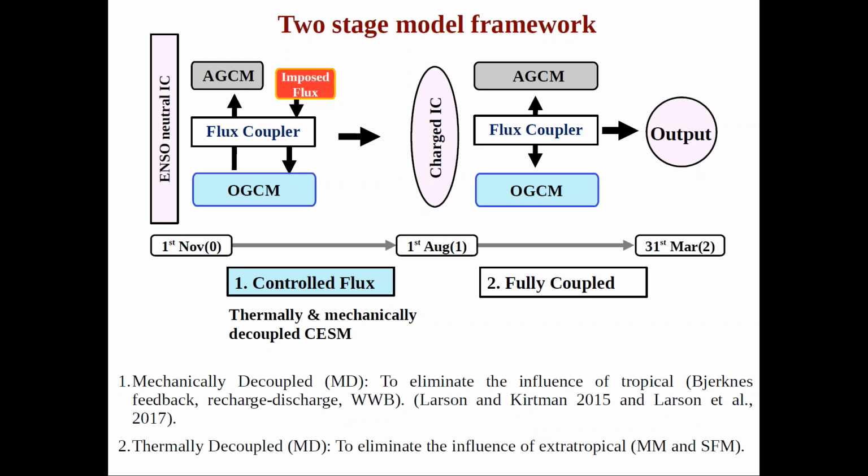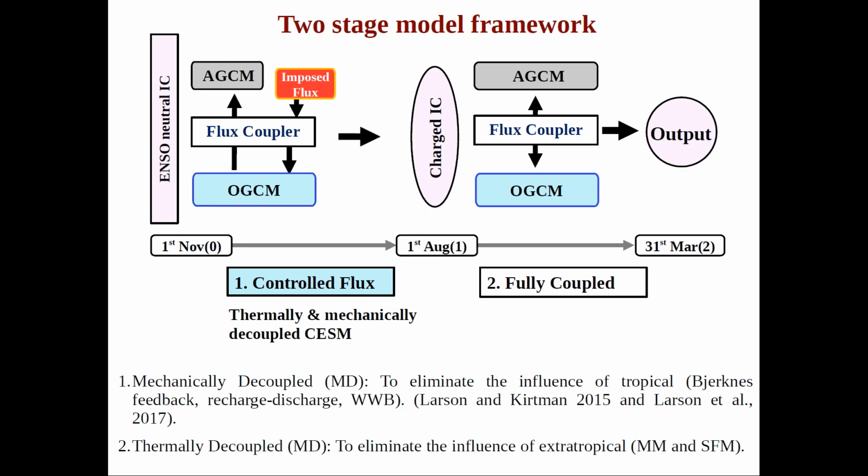So this is the unique two-stage model framework. I am putting it in one slide, but it is actually 1.5 years of work. Yeah. So we got those 31 initial conditions. Then we run the model, but in the first stage we run it as a control flux.